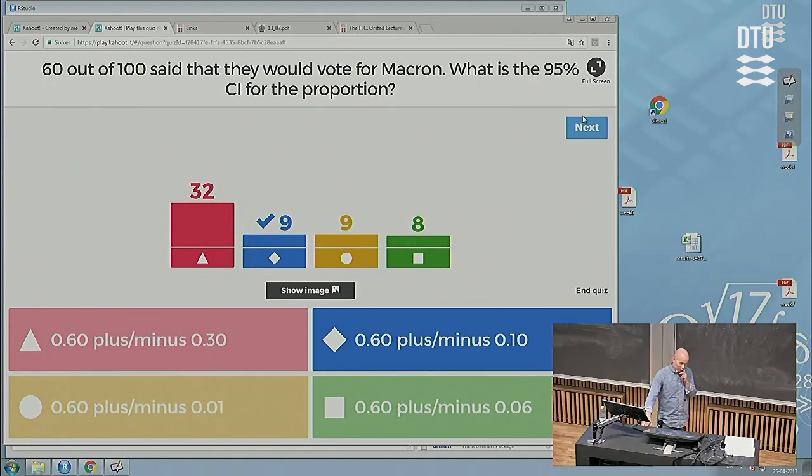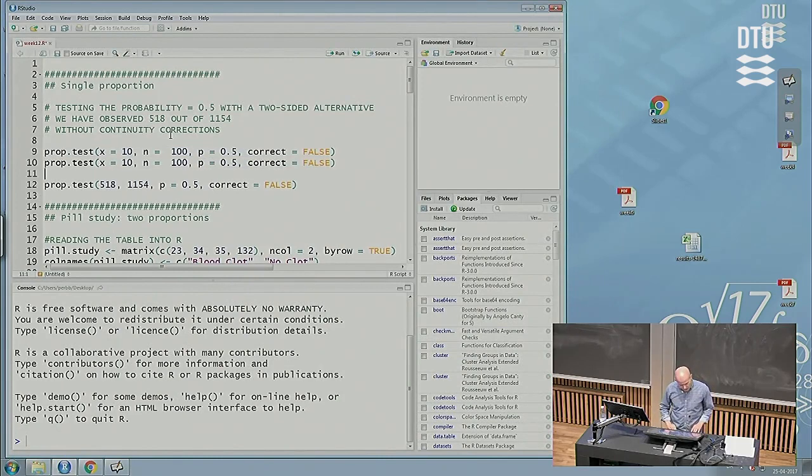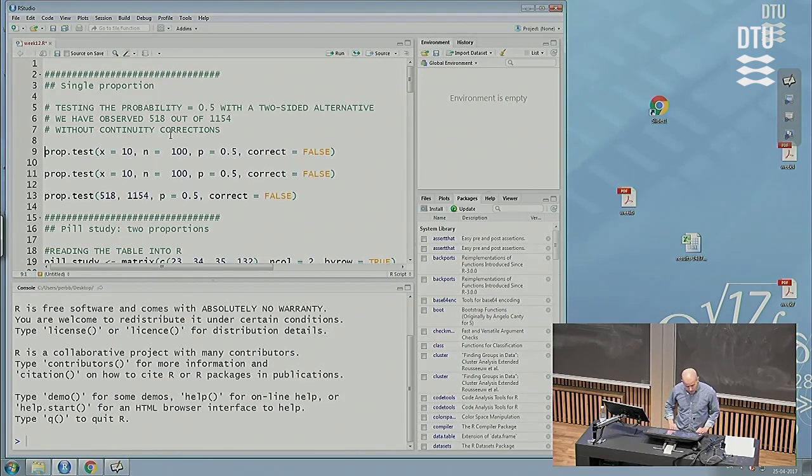Well, I'm happy I was not planning to submit this to the Journal of Statistical Education or anything, since I really ruined you guys with my bit of theory on the confidence intervals. No, of course it's okay. I'm actually wondering if I did this correctly, so let's check. We're getting back to these functions later, but let's just check to be sure. What did I say? 60 out of 100, right?